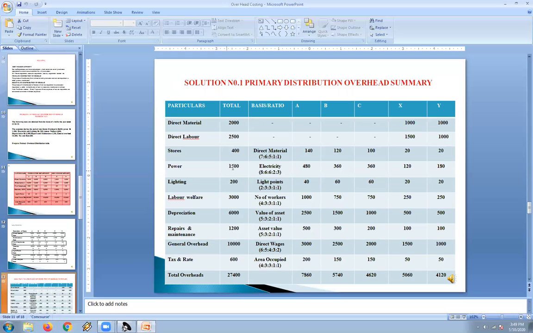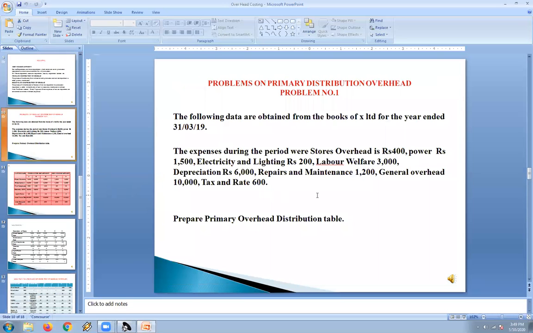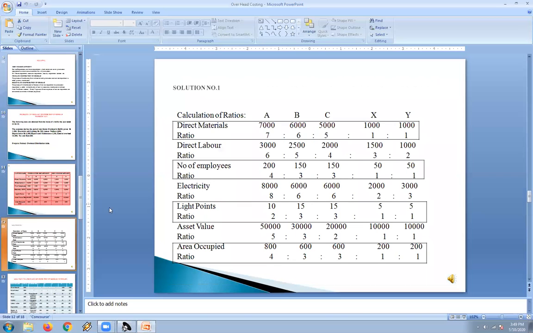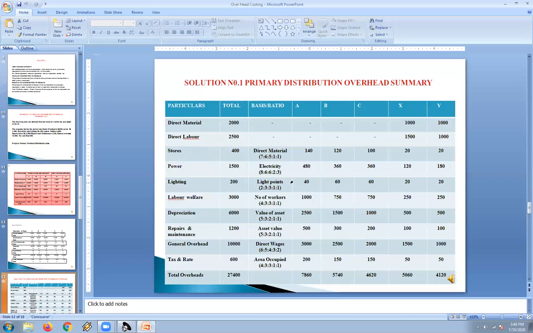Now we have to allocate the expenses which are given in the question. We read in the slides that stores overhead is 400. On which basis are we going to allocate? That is on the basis of direct material. So it is apportioned to all the production departments in the ratio 7:6:5:1:1, which we calculated earlier for direct materials.